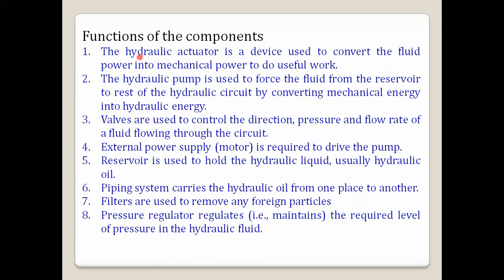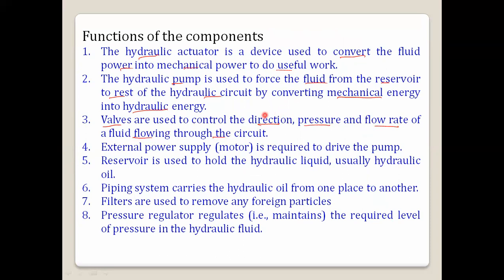The hydraulic actuator is used to convert fluid power into mechanical power to do useful work. The hydraulic pump is used to force the fluid from the reservoir to the rest of the hydraulic circuit. So the pump is converting mechanical energy into hydraulic energy. Then come the valves, which are used to control the direction, pressure, and flow rate of a fluid flowing through the circuit.